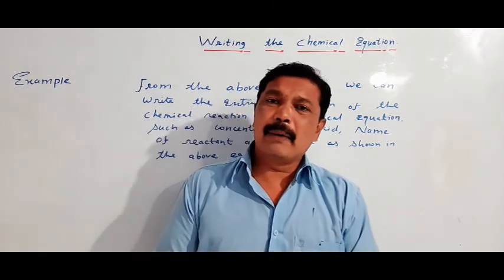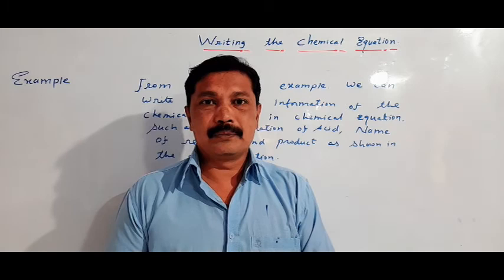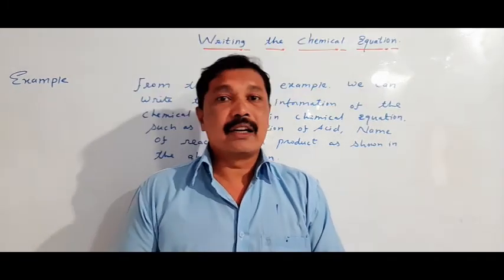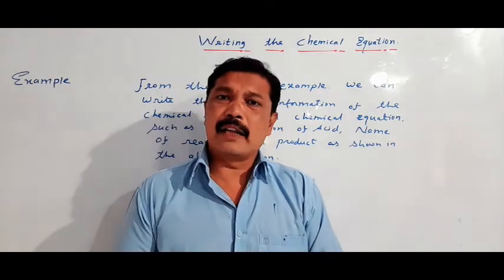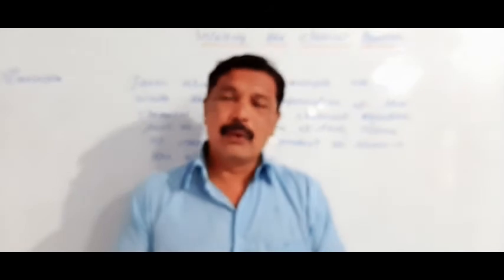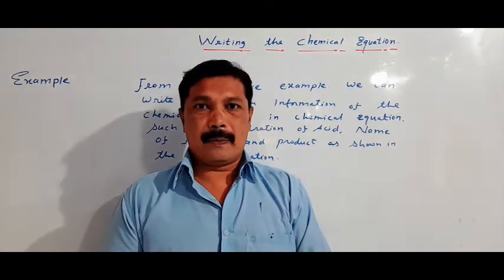They are represented by symbol. S stand for solid state, L stand for liquid state, G stand for gaseous state, and AQ stand for aqueous state. This information is written below the subscript of reactant and product.